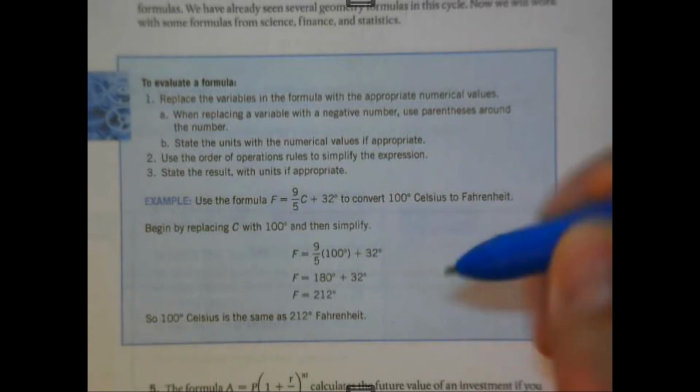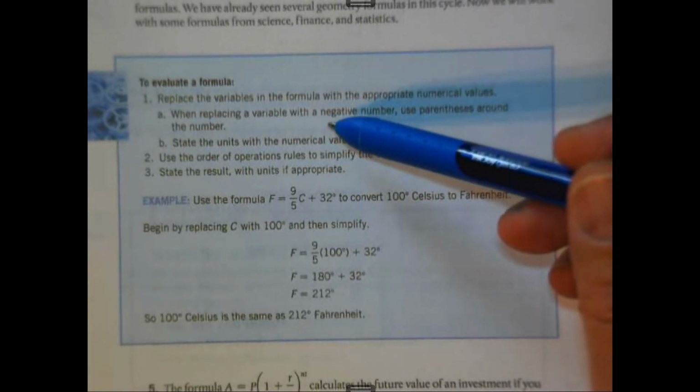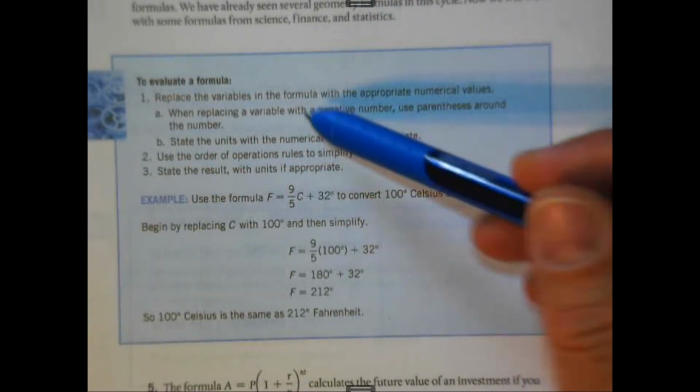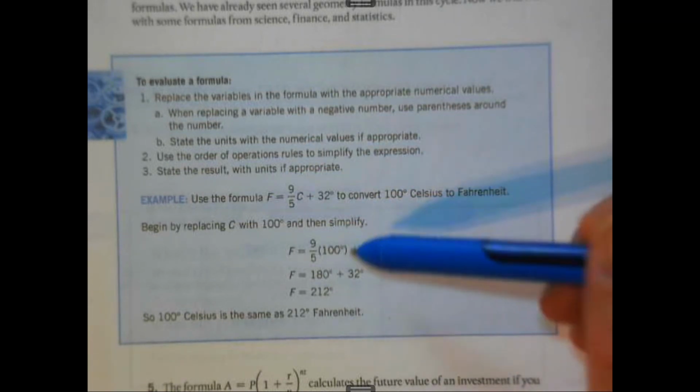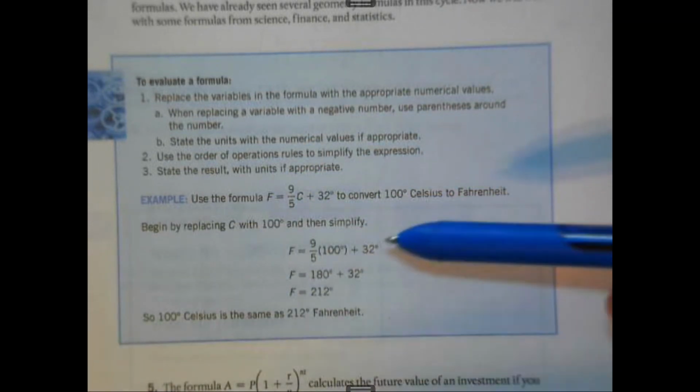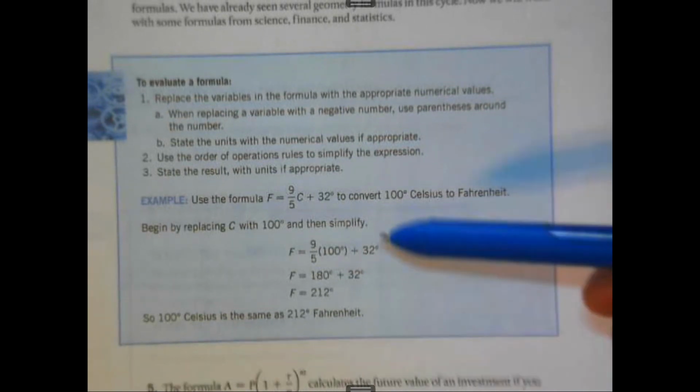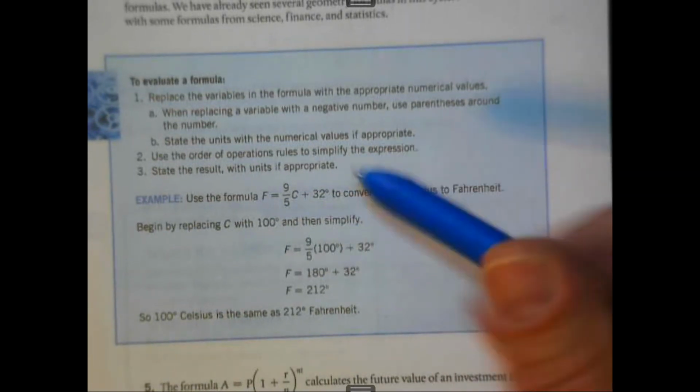Okay, and then they're going to take PEMDAS and apply it to formulas. This is converting Fahrenheit to Celsius and Celsius to Fahrenheit. And they're going to use PEMDAS and formulas like this.